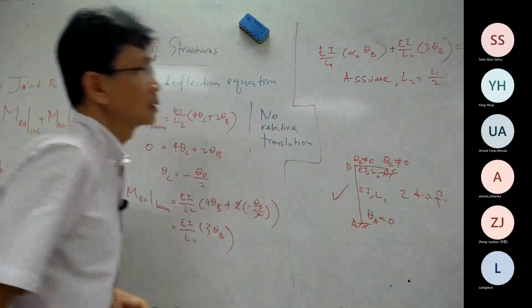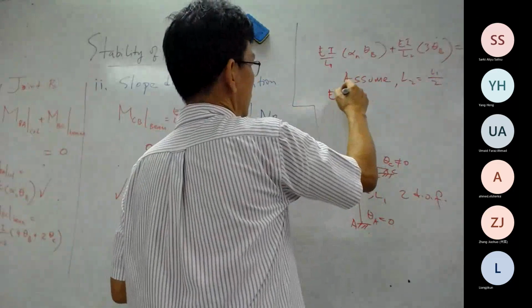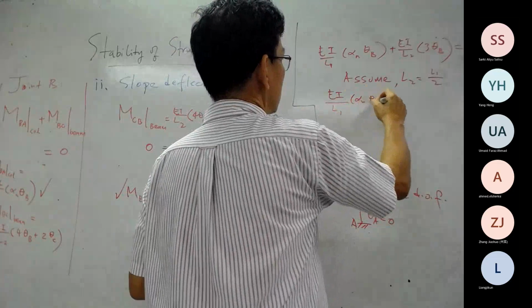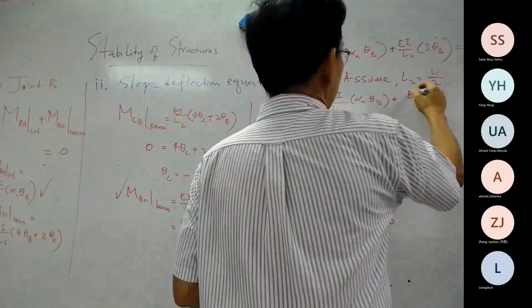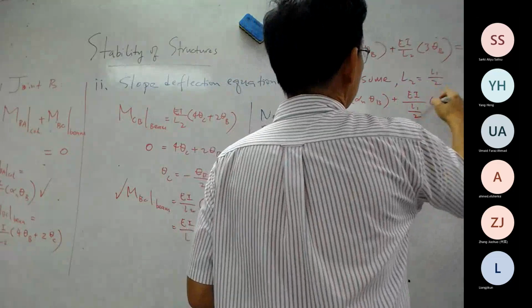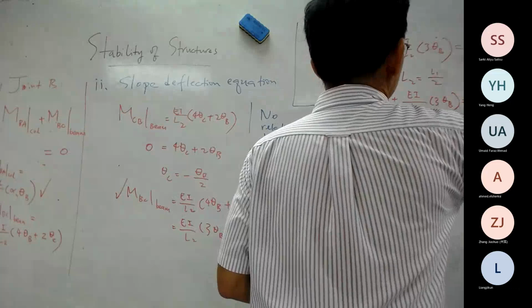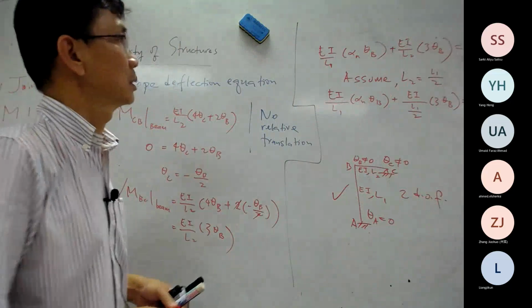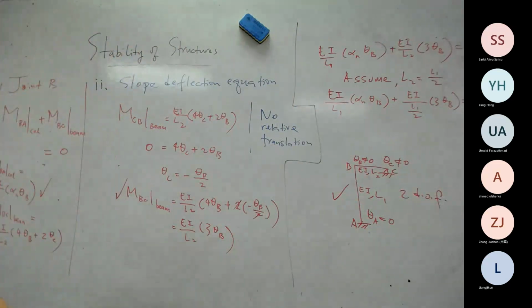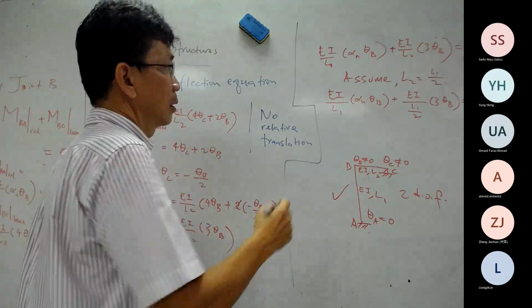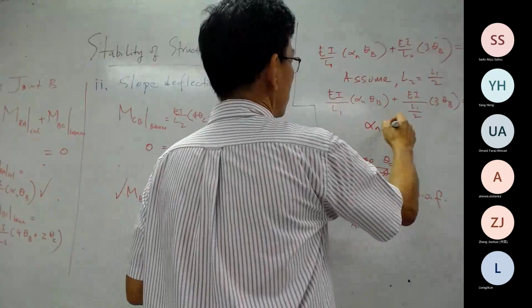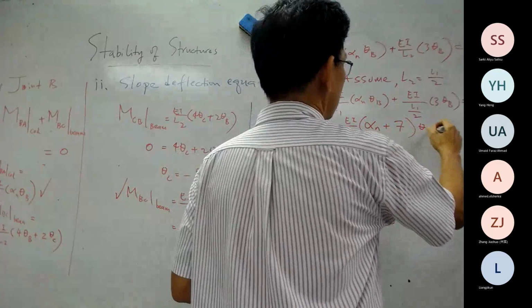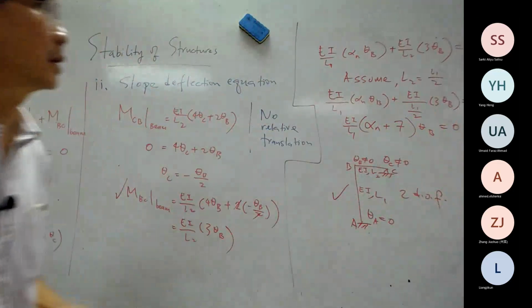So EI is the same, so EI over L1 and theta B plus, finally we get 6 plus 1, 7. Plus 7 theta B equal to 0. Okay.